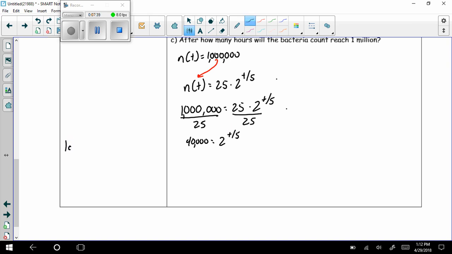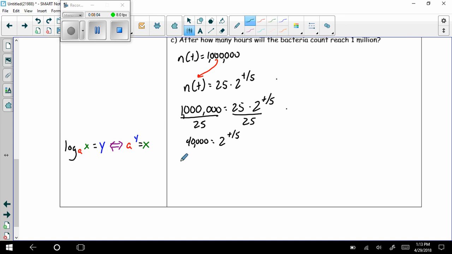Just another reminder. I know you're probably sick of seeing this, but if I have log base a of x equals y, we can rewrite that as a to the y equals x. That's the strategy we're using. In this case, we have the right-hand side, and we're looking to write it as the left-hand side.